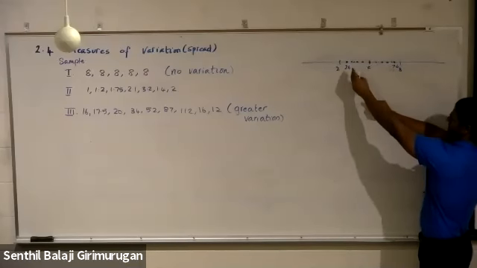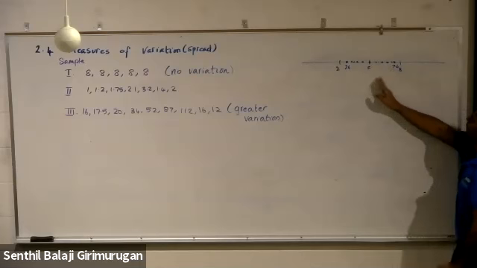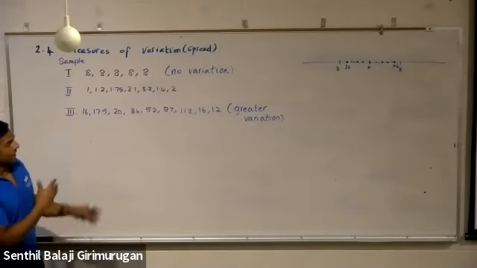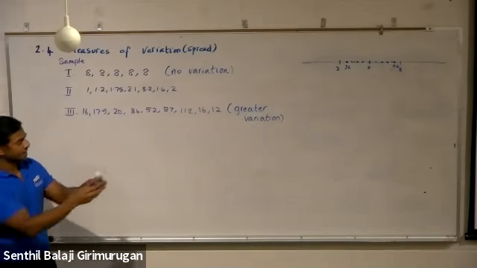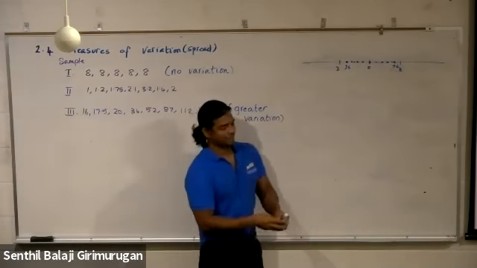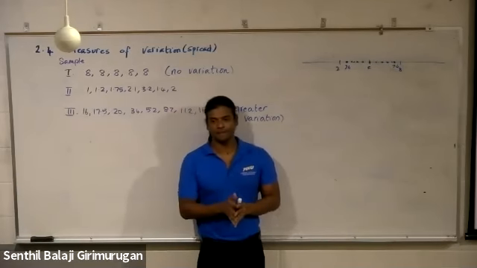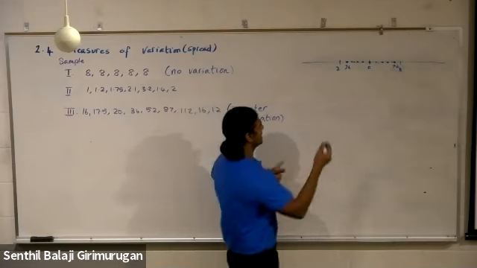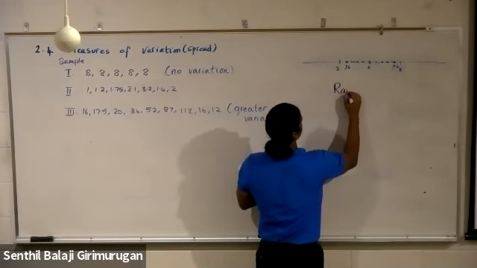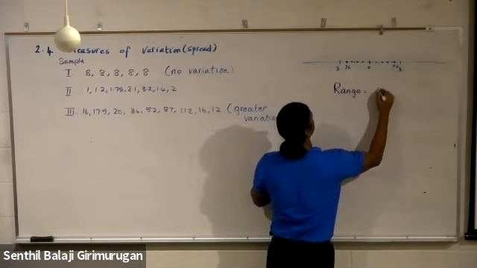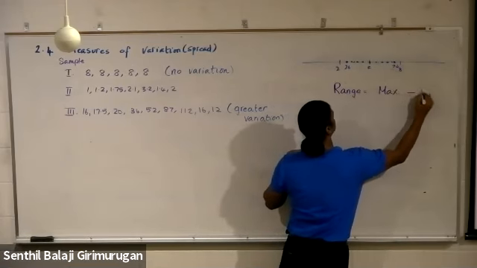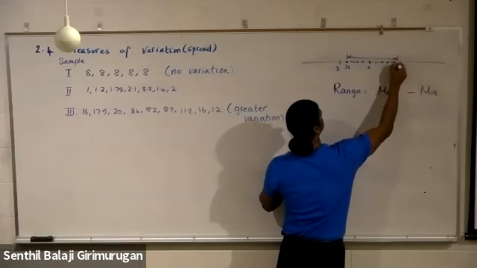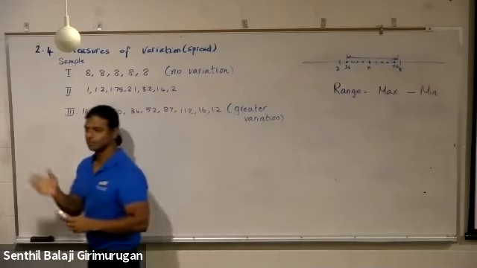It's not actually the domain, but the observations are between 2.6 and 7.4, including those 2 points. And if I ask you to quantify the spread, how far they are spread apart: 7.4 minus 2.6, the maximum minus minimum. And that is what we call the range.